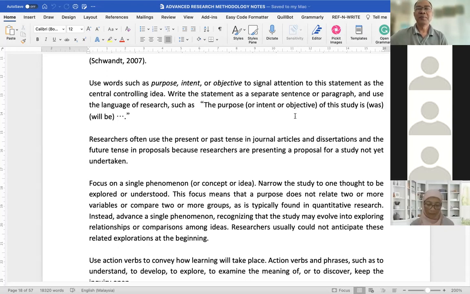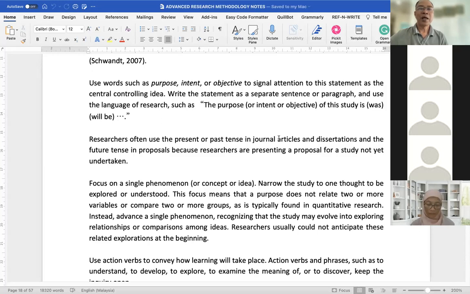So you are right. The purpose statement for a qualitative study is broad at the beginning, so sometimes it's not very specific.